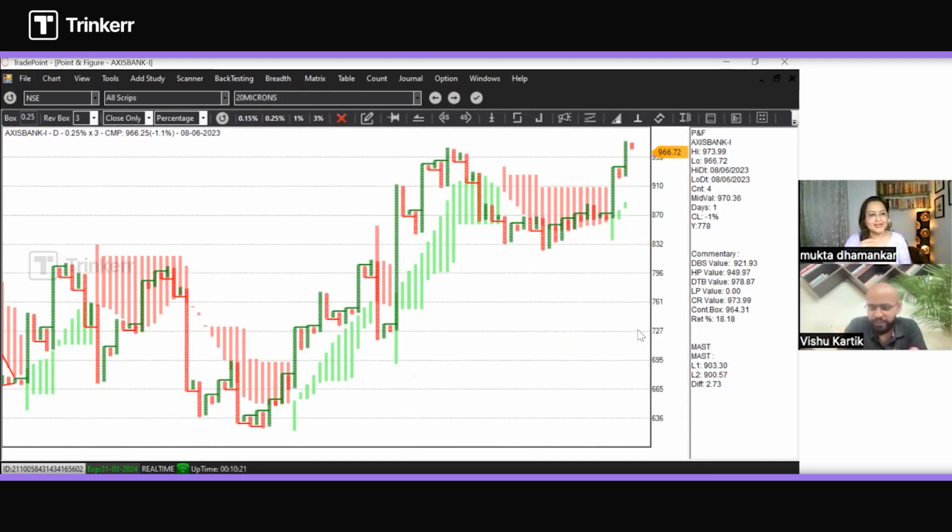Correct. In this case, like in Axis Bank, in cash charts or in futures daily charts, we use 0.25% and the reversal box size is 3. So every X or every O gets plotted when the price of Axis Bank moves by 0.25% and reverses by 0.75%.